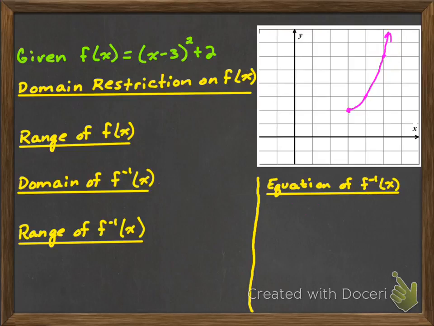All right, so that's where this thing called domain restriction is going to come into play here. The domain restriction here is going to be from 3 to infinity. And the range of this is 2 to infinity.